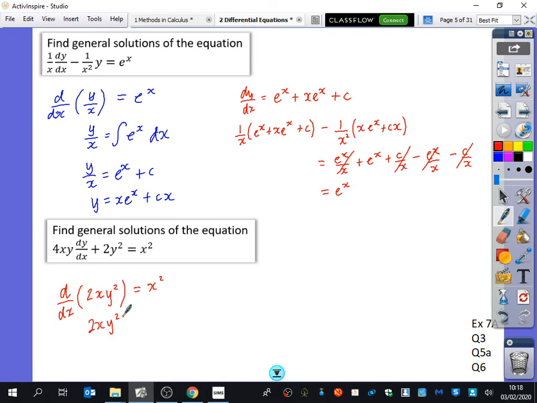Okay, so here, we know that it's going to feature a y squared in the bit that we're doing the derivative of. When you differentiate y squared with respect to x, what do we get? 2y, but because it's implicit, you get dy dx.